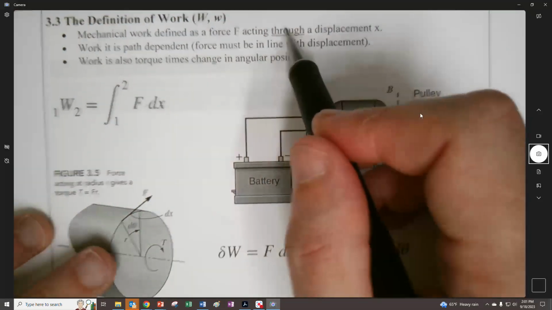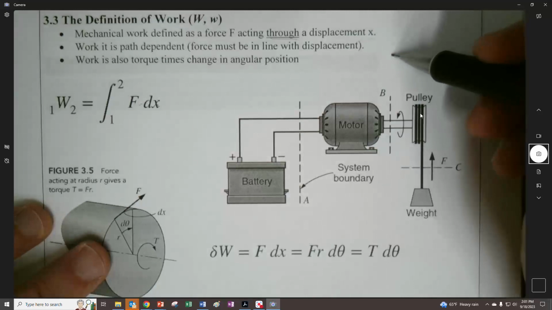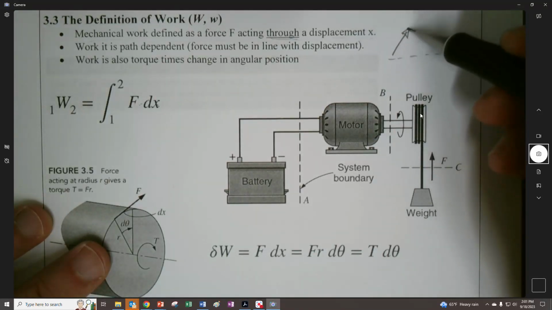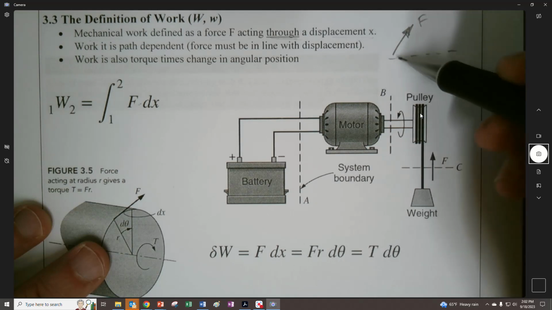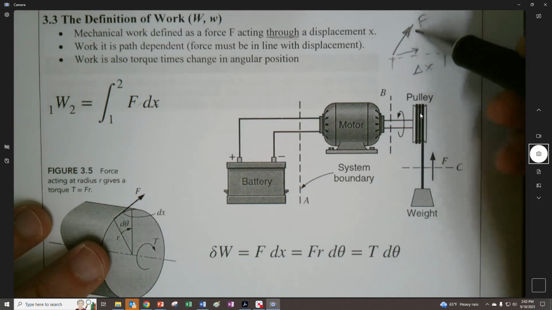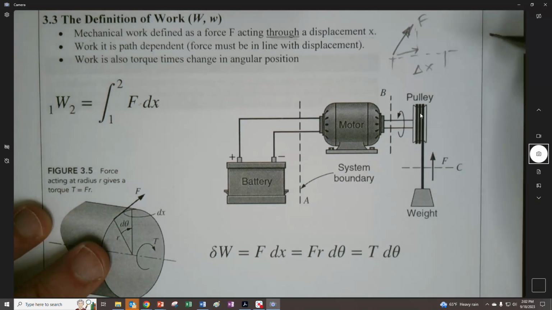So that's why it's force through a distance. If you had a force going in one direction but the motion was in another direction, it's only the component of the force in line with the motion that actually creates work. The rest of it just pulls on the thing.